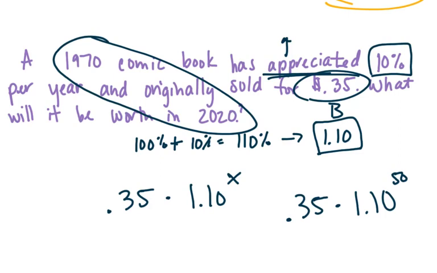And once you plug that in, you get $41.09. Okay? So notice again, when you have that percent, you need to go ahead and change it. So at this point, I want you to go through and start looking through some more examples and pinpointing: do you have the rate, do you have the factor, what's the y-intercept, what's the initial amount, and putting those functions together.